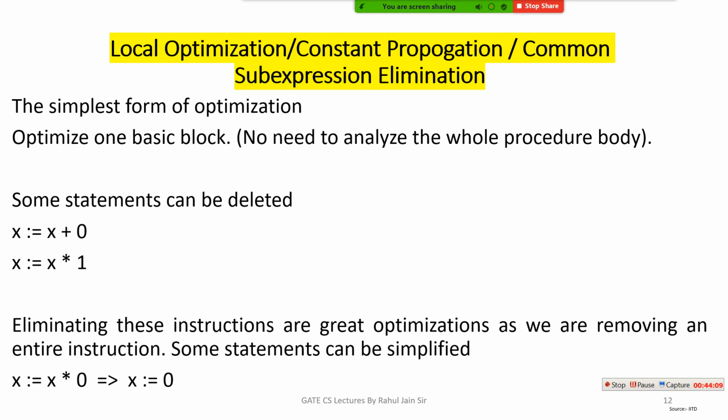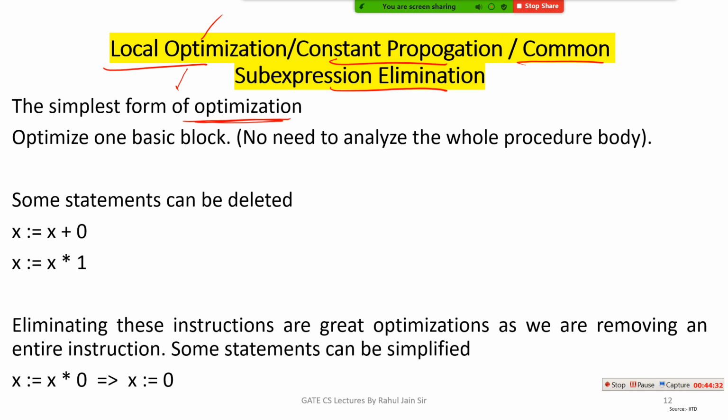Okay, so now the next topic is local optimization, constant propagation, and common sub-expression elimination, right? So these three topics we are going to discuss with real-time examples directly. The local optimization is called the simplest form of optimization, right?